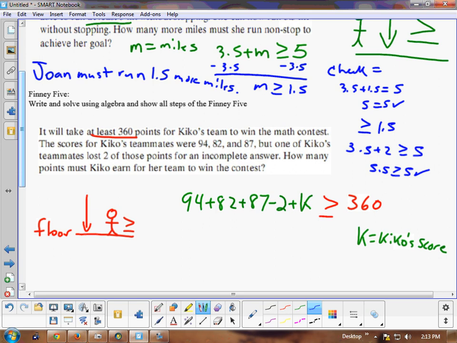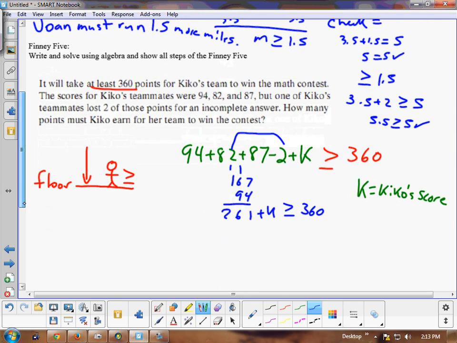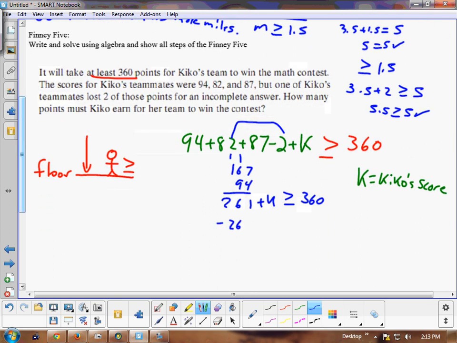So subtract 2 from here, we get 80, and that's 167 plus 94. 261 plus k is greater than or equal to 360. I believe it comes out to be 99. Subtract 261. That's 99. So k has to be greater than or equal to 99.